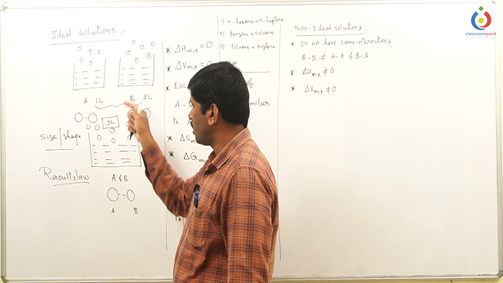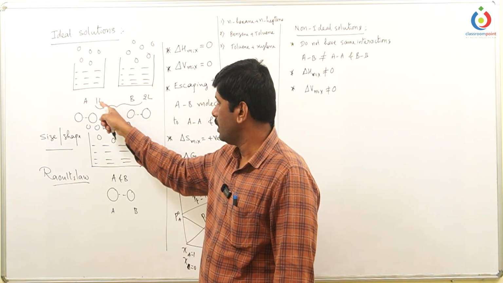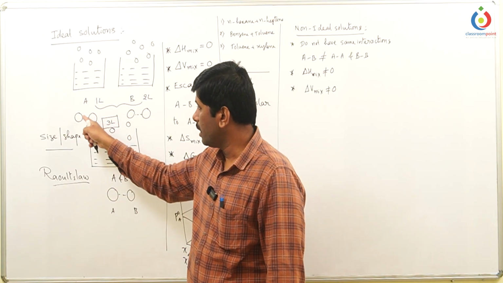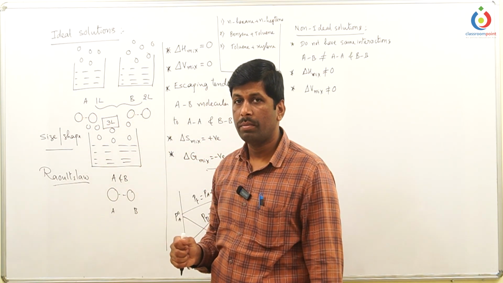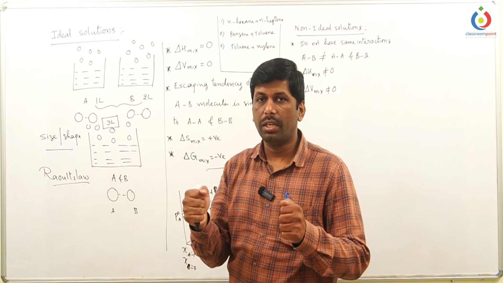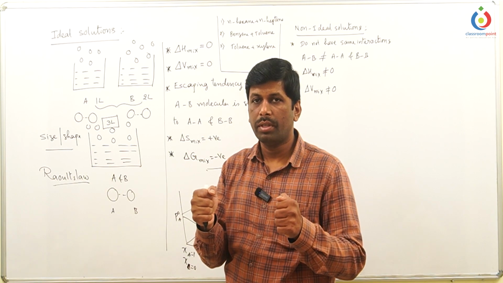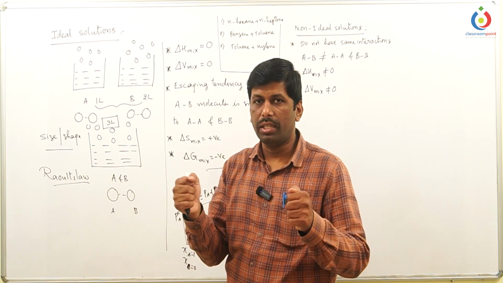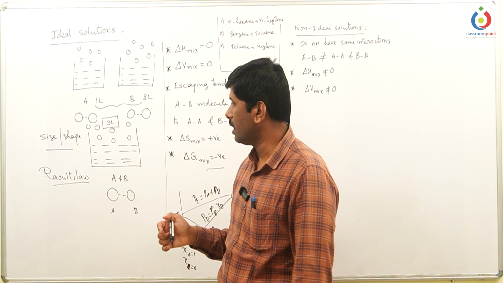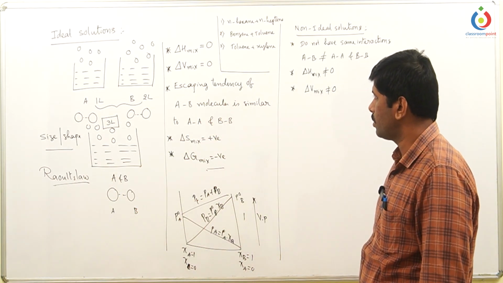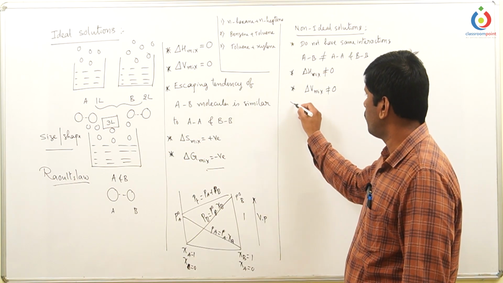If AB attractions are weaker than the AA attractions and BB attractions, then by mixing liquid A with liquid B, since the attractions cannot form very freely and easily, they start repelling each other, so the volume gradually increases. That's why delta V mixing is not equal to 0, and it is not following Raoult's law.